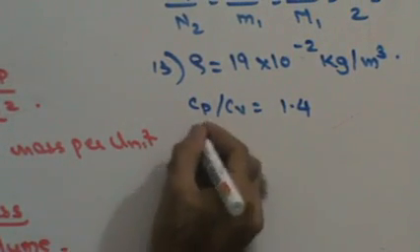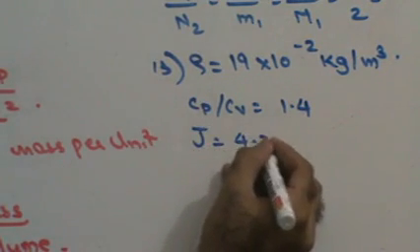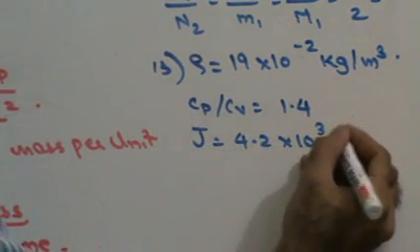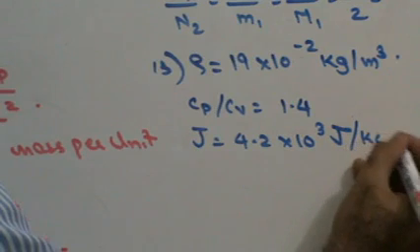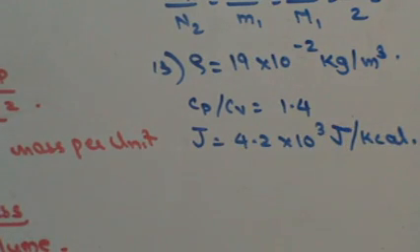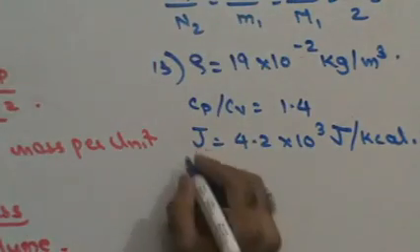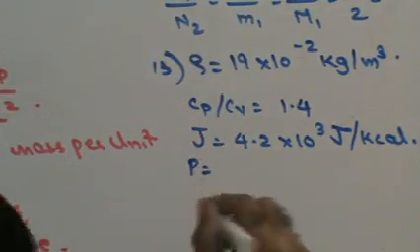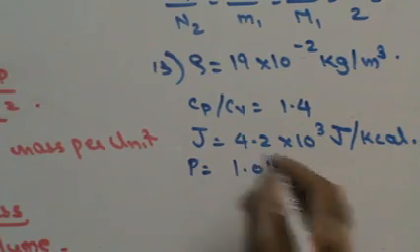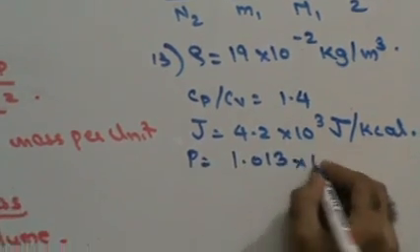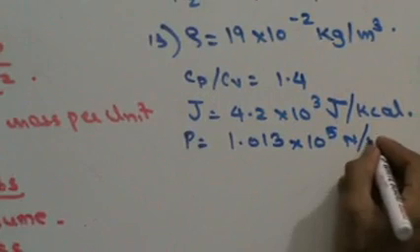J is 4.2 into 10 raised to 3 joules per kilocalorie, and atmospheric pressure is 1.013 into 10 raised to 5 newtons per meter square.